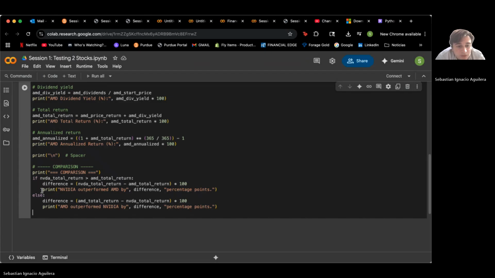Else, the difference equals AMD total return minus NVIDIA total return times 100 to get the percentage, and it will print out that AMD outperformed NVIDIA by the difference in percentage points. Okay, so let's run the code together.